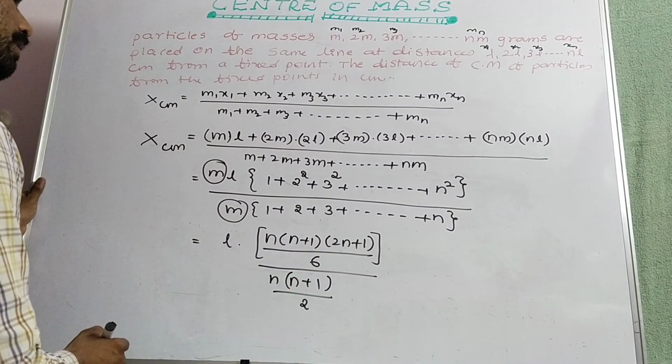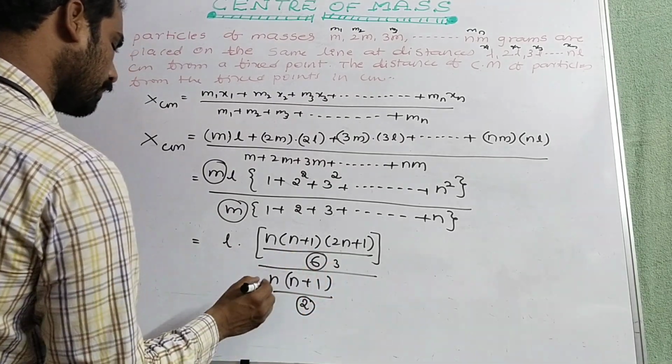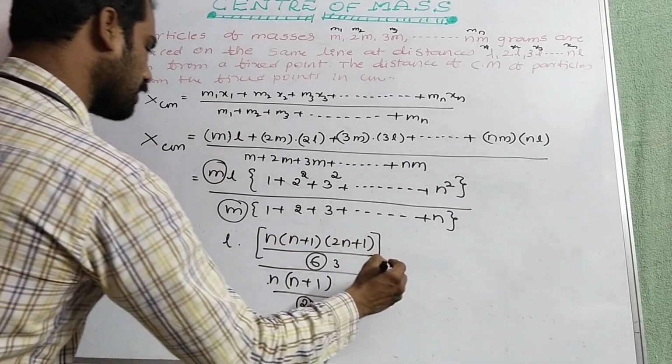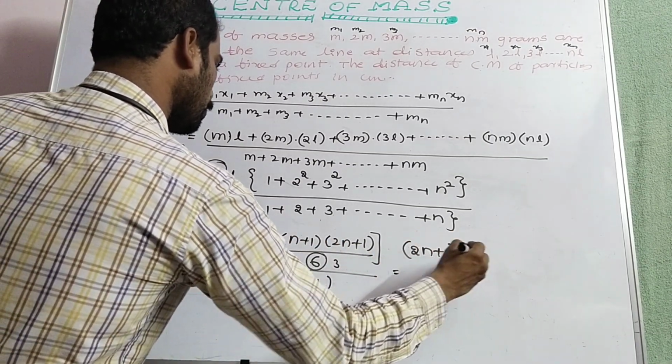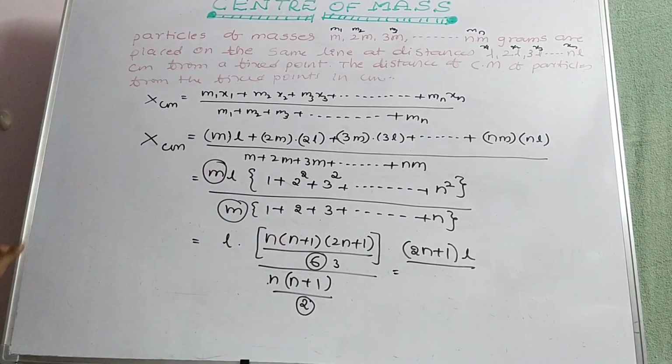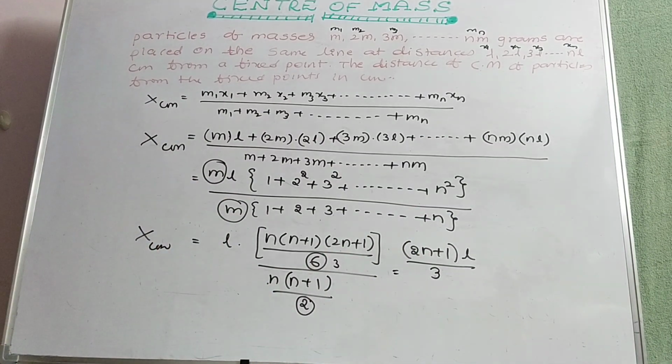So n into (n plus 1) gets cancelled, and 2n plus 1 into L by 3 is the distance of the center of mass, that is x_cm equals (2n plus 1) L by 3.